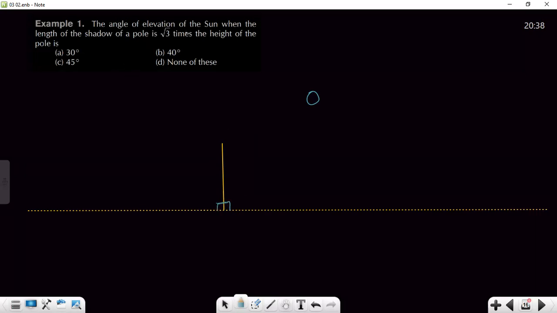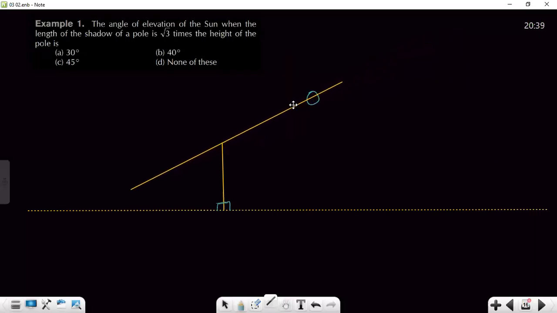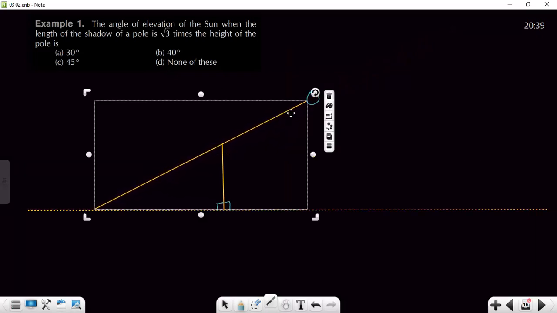The angle of elevation of the sun when the length of the shadow of a pole is root 3 times the height of the pole. So if the sun is here, the shadow will be somewhat like this. It is in the same straight line. Do you agree that the shadow will be forming like this?